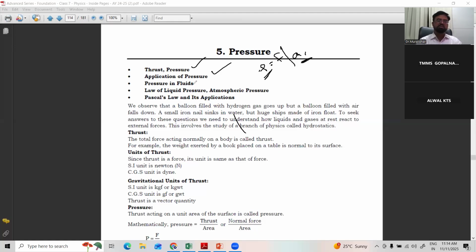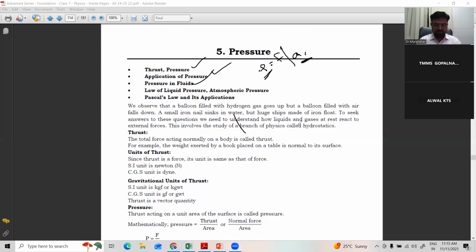Then pressure in liquids. Not only solids, liquids also exert pressure, right? It may be downward pressure, upward pressure, and lateral pressure. Laterally also they exert pressure. But the pressure exerted by liquids is the same in all directions.